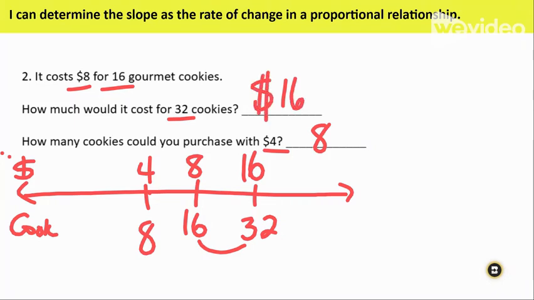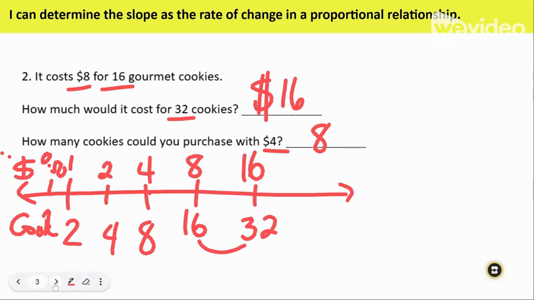Now, if I continue dividing by 2 here, with $2, I can buy 4 cookies, and with $1, I can buy 2 cookies. Or one cookie costs 50 cents because I basically divide by 2. So remember, we always look for that unit rate.